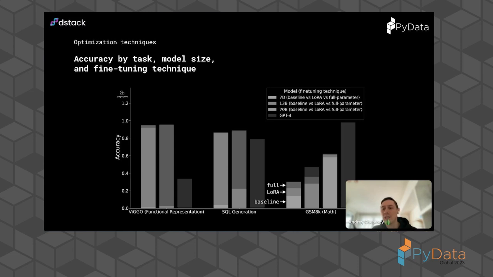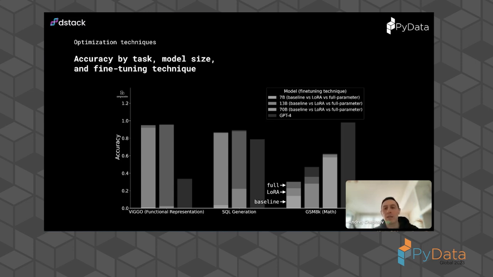Here's a study that proves that. This one is published by Anyscale. They basically took Llama in 3 different sizes, and they fine-tuned this model on 3 different data set problems. One is extracting structured data, another code generation, and finally solving math problems.